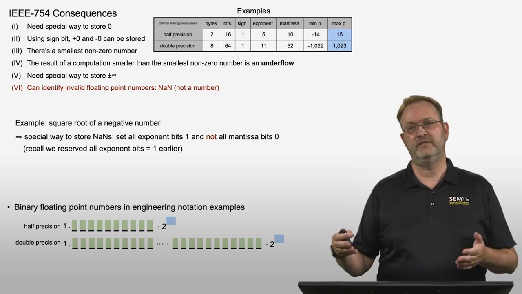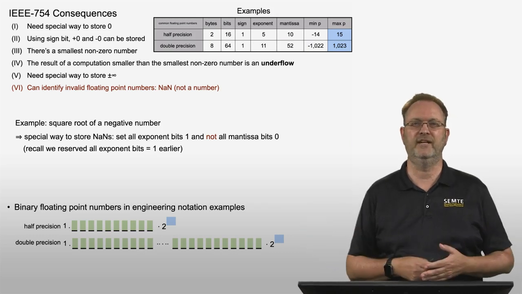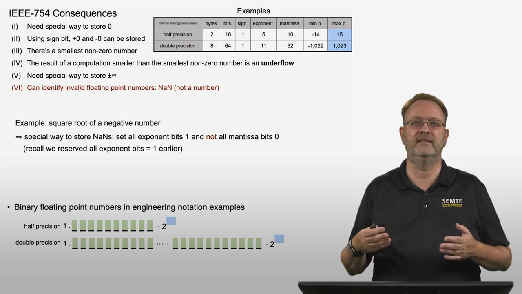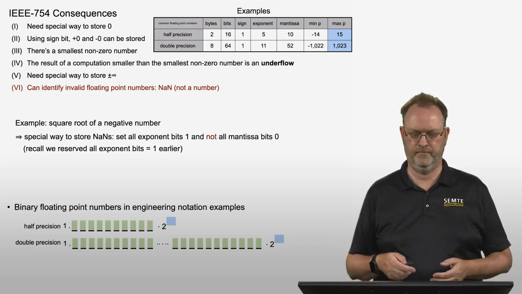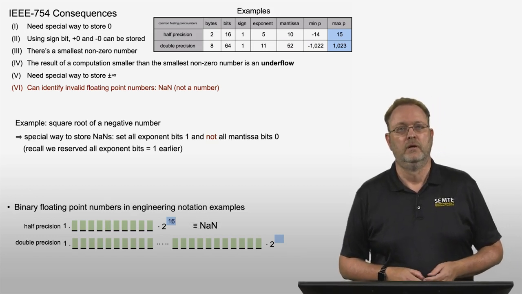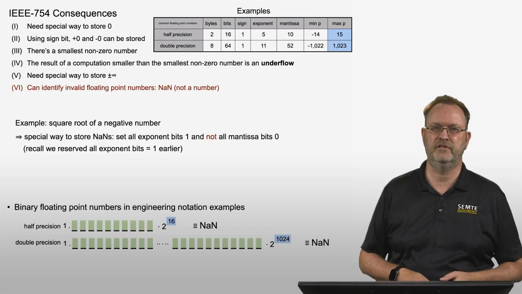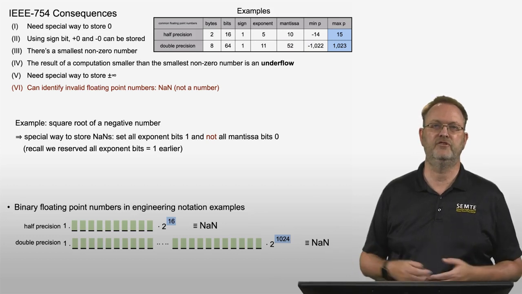So all mantissa bits equal to 0 would indicate plus or minus infinity, which in some sense is not a number as well. But having them not equal to 0 indicates an invalid floating point number, a not a number. Okay, so this would be not a number for half precision, and this would be not a number for double precision. And the mantissa bits can be any combination of values except all 0.